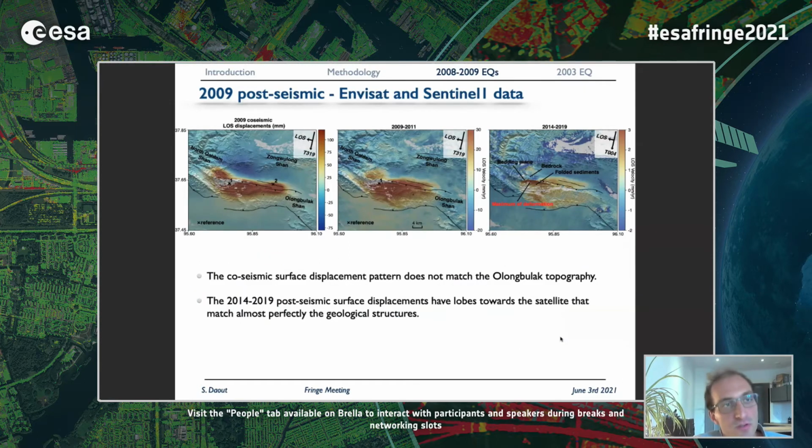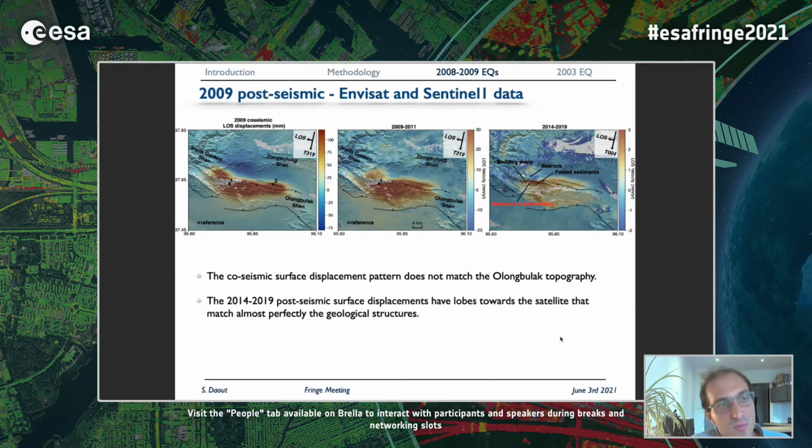Let's now move to look at the post-seismic signals that follow these two sequences of events. We have on the left panel the 2009 coseismic and the 2009-2011 velocity, extracted from Envisat, and on the right, the 2014-2019 post-seismic as seen from a descending view, also with Sentinel.